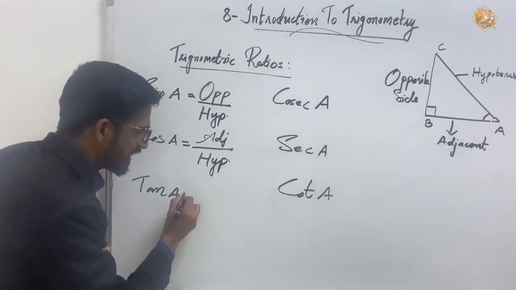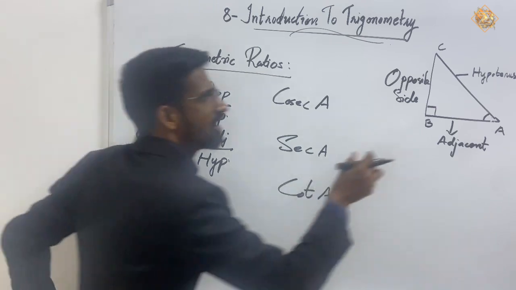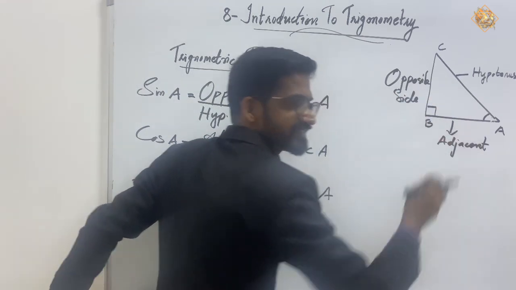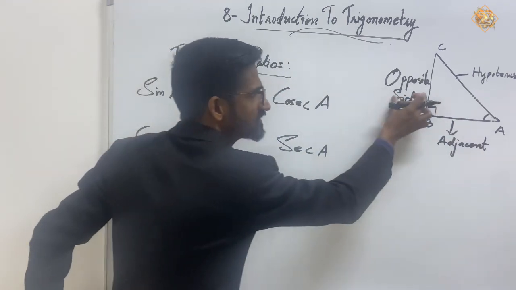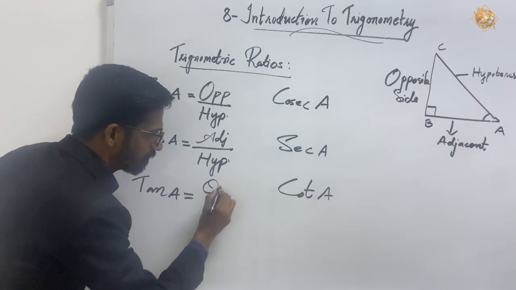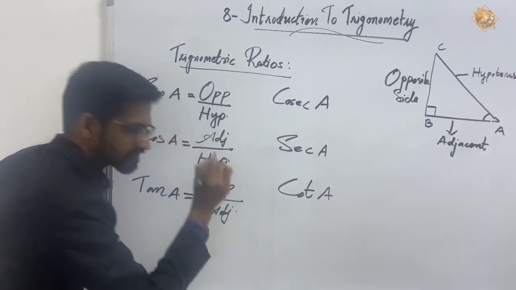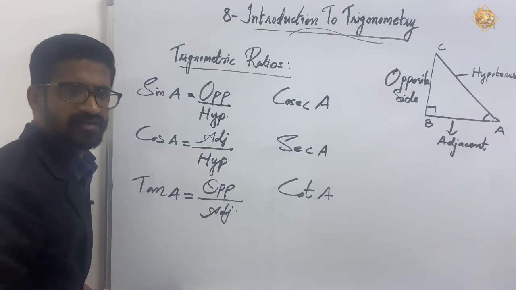Now what about tan A? The definition for tan A is opposite by adjacent. Hope it is clear for you, isn't it students?